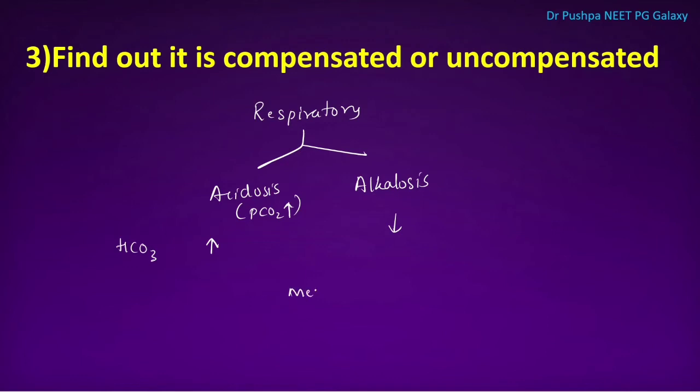Similarly, in metabolic disorder, that is, in metabolic acidosis or alkalosis. In metabolic alkalosis, there is increased production of bicarbonate. So this CO2 level has to increase to neutralize the increased alkali. Whereas in acidosis, similarly, it has to decrease.